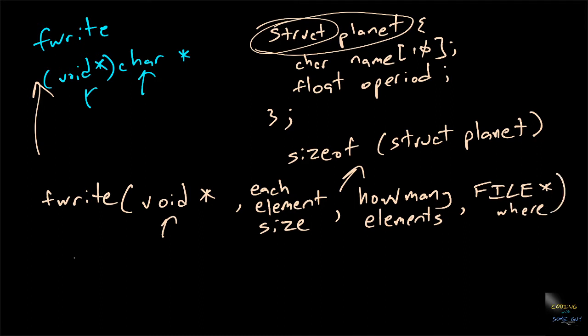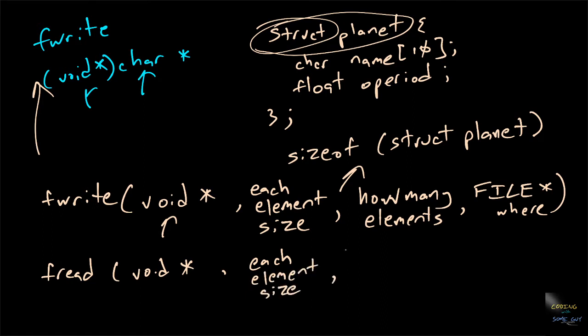Okay, so that's fwrite. Fread is very similar, and we'll get to that a little later after we get through our fwriting. But fread is going to take another void pointer, which is where you're going to get your result when you're done reading it, and it's going to take each element size again. They were very consistent in the library, so you don't have to worry about screwy parameter order.